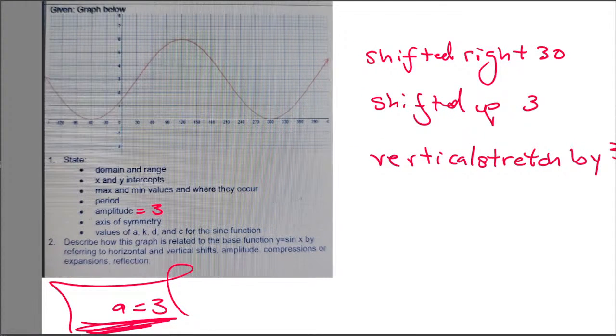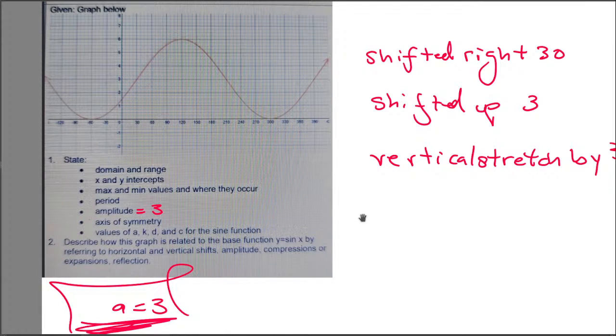And then, where are we going here? And then horizontal stretch. So, this is really interesting.